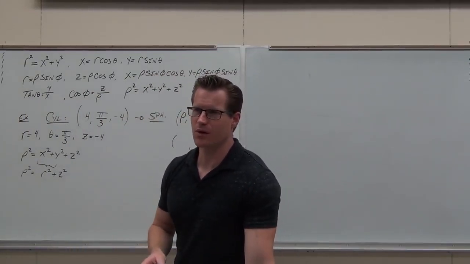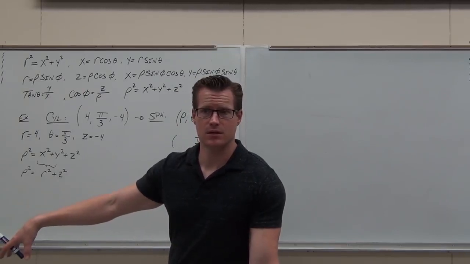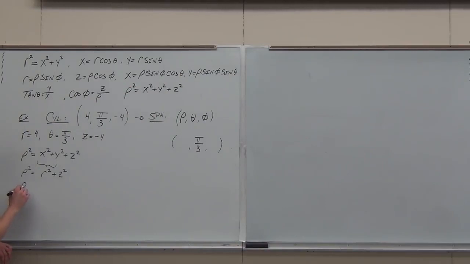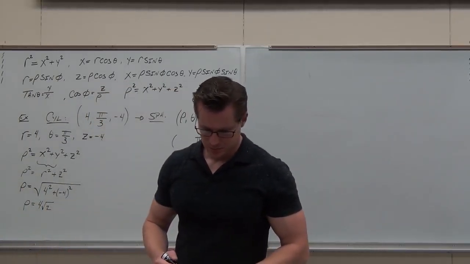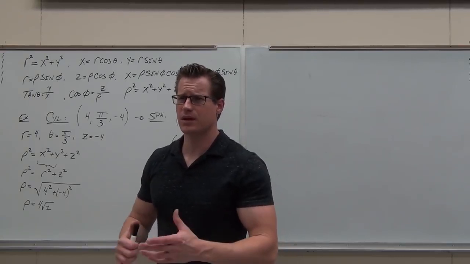What's the r? 4. Do you know a z? Can you plug those things in? Let's solve for rho. I get 4 root 2. Did you guys get the 4 root 2?